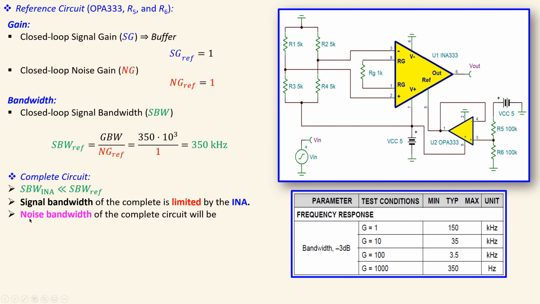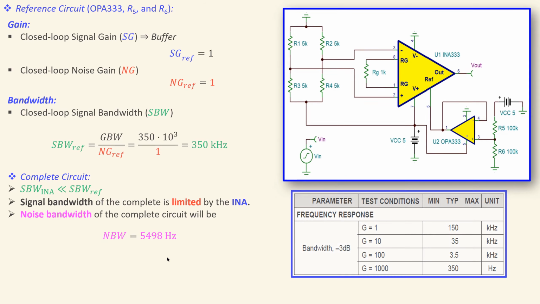The noise bandwidth of the complete circuit will then be the noise bandwidth of the instrumentation amplifier on its own, because it has the smallest signal bandwidth. So we can just move on with this noise bandwidth for all parts of this circuit.